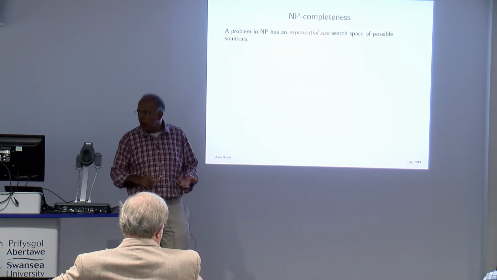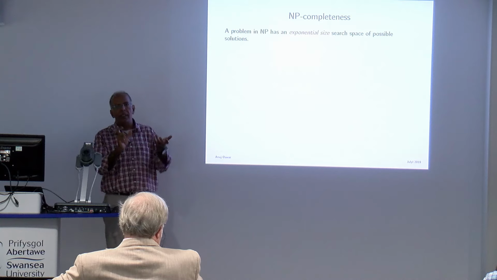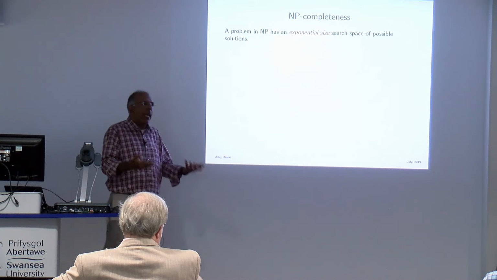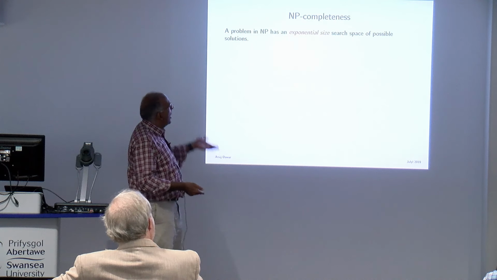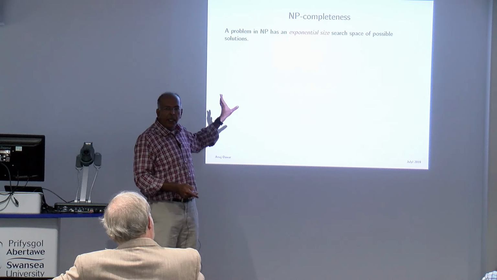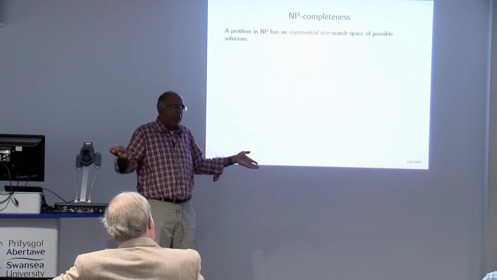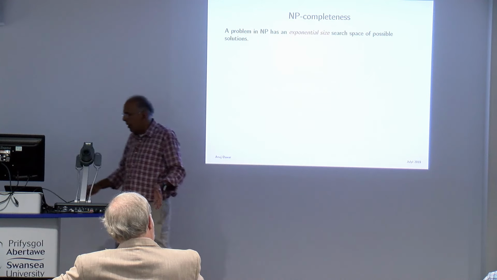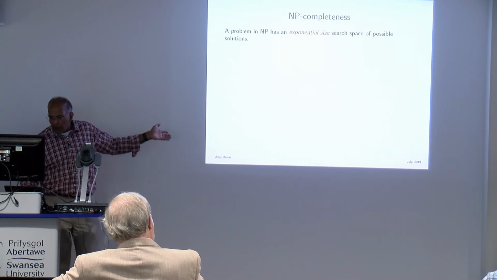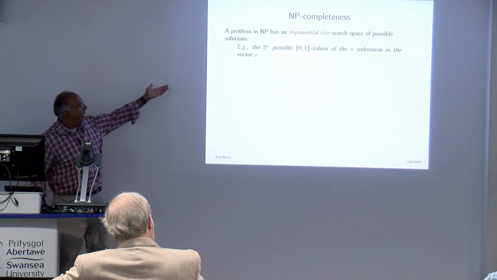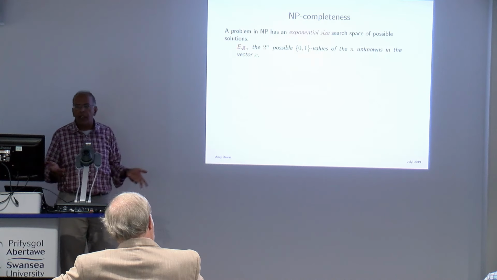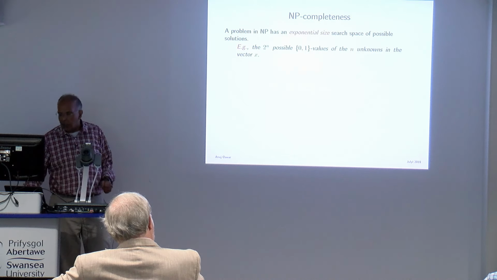So I can give you a specific instance, it's small, and then checking that it's a solution is easy, but the hardness comes from the fact that a naive algorithm is just brute force search over this whole space. This was true in all our examples, right? So, as an example, if we have n unknowns in the vector variables, there are 2 to the n possible 0, 1 values. That's an exponential size search space.